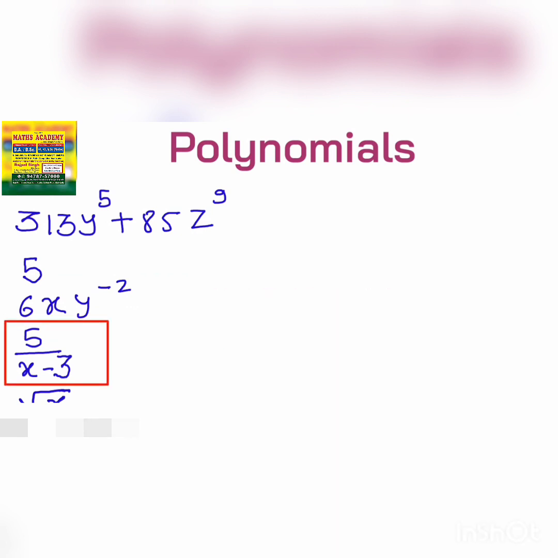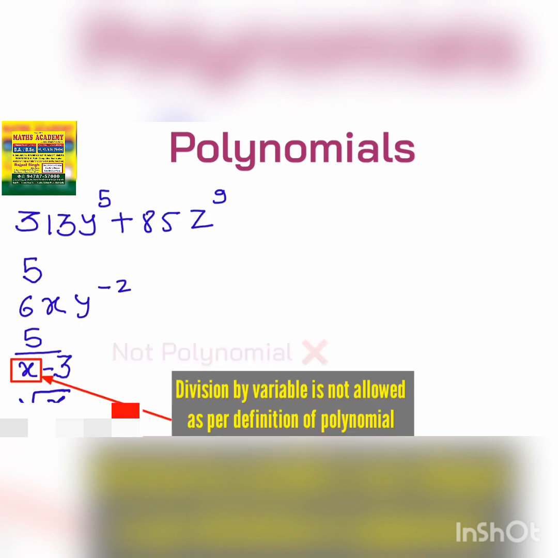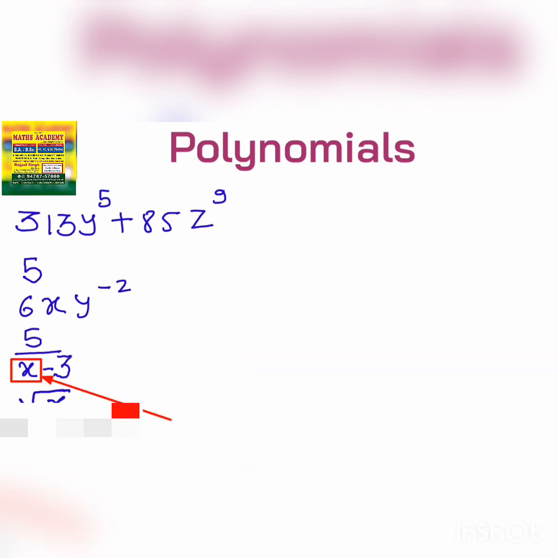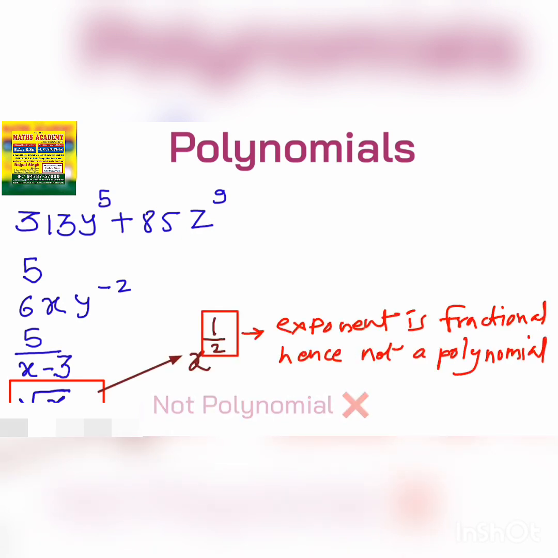5 over x minus 3, is it a polynomial? No, it's not, because dividing by a variable is not allowed as per the definition of polynomial. Square root of x is not a polynomial because it can be represented as x to the power 1 over 2, and the exponent here is a fractional value, that is why it is not qualified as a polynomial.